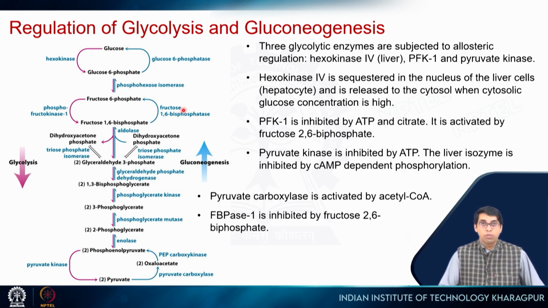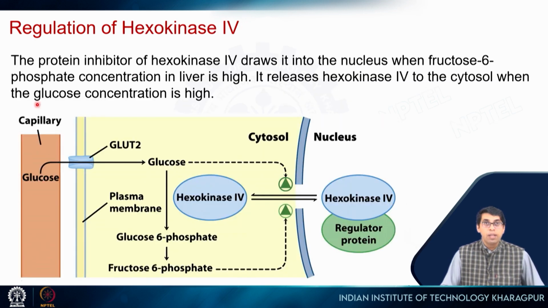So, the presence of fructose 2,6 biphosphate will inhibit gluconeogenesis and activate glycolysis. This is how we get regulation between these two processes. So, let us look at some of these in more detail.